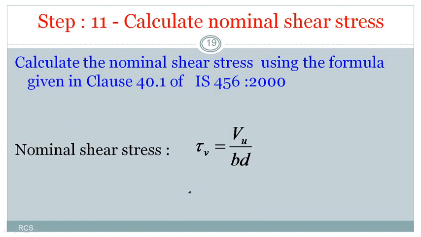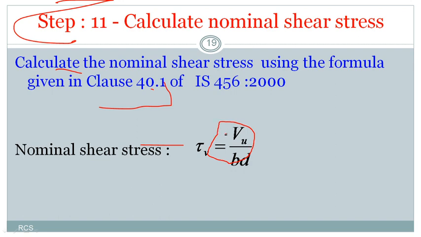After knowing Vux, we have to calculate the nominal shear stress. How to calculate the nominal shear stress as per IS 456:2000, clause number 40.1? The nominal shear stress value will be tau v equal to Vu by bd.